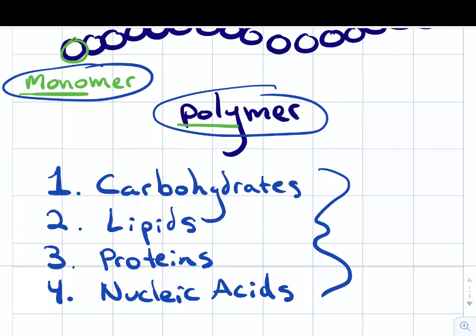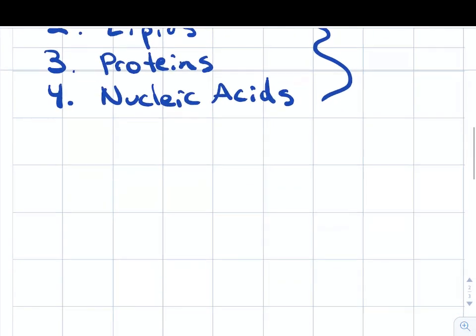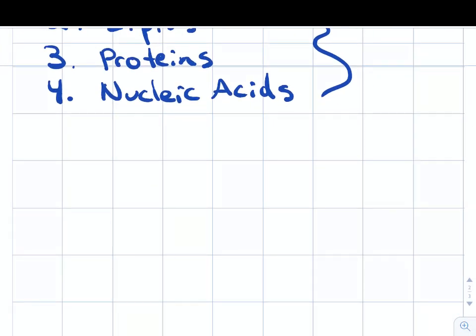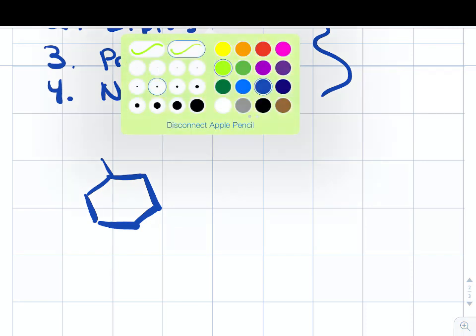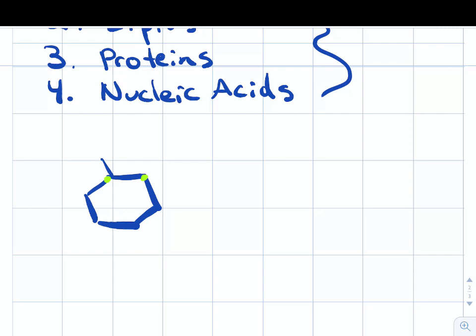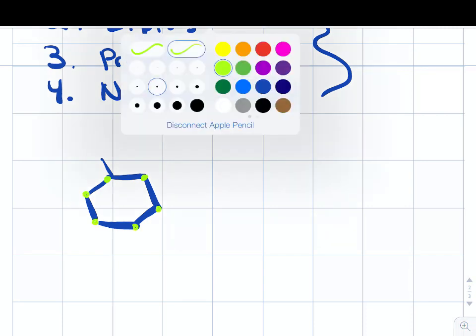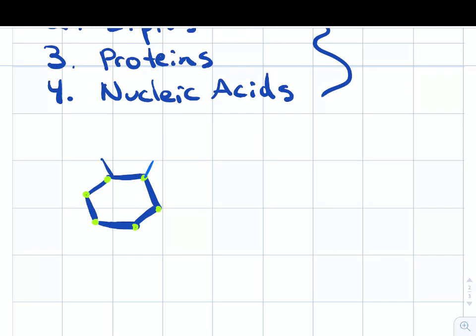We'll review these more in a future video about carbohydrates, but if we have the monomer form of a carbohydrate, it looks a little bit like this. Just make it really basic. It's a ring structure, and each of these places where there's a corner or a vertex, these are carbon atoms, and our carbon atoms are going to be connected to a hydrogen and a hydroxide group. Just like that.